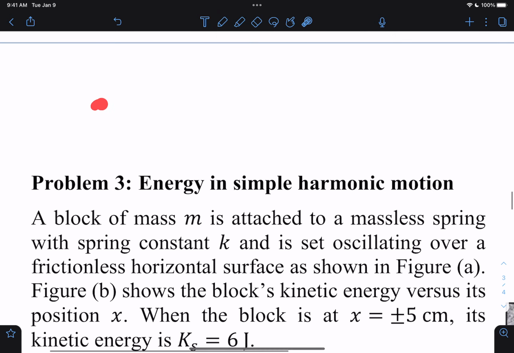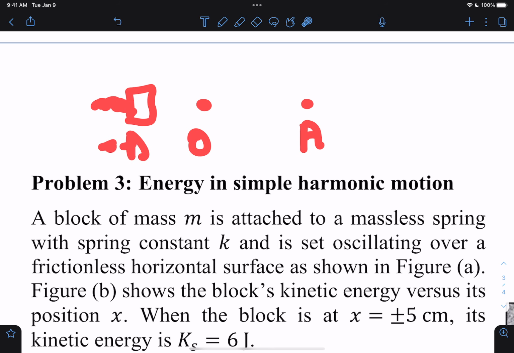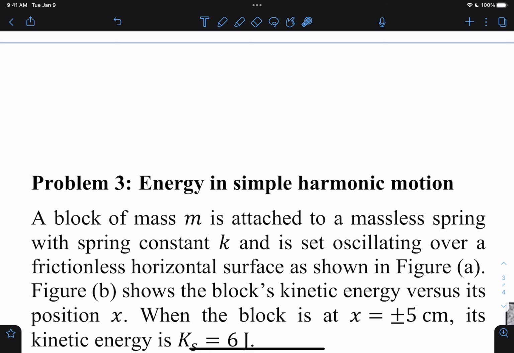So if I have this spring and I compress it to this distance, and here's the equilibrium and here's the maximum distance, so this is 0 and this is amplitude positive and this is amplitude negative. Once I let it go, it's going to shoot back this way. When it shoots back to the right, it moves really, really fast, and then once it hits that maximum amplitude, it goes basically like this.